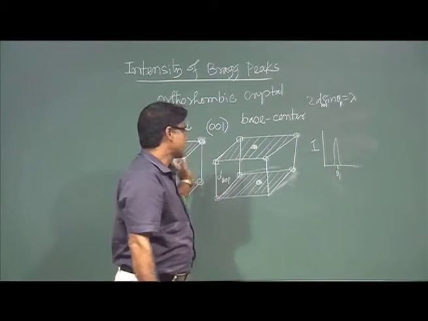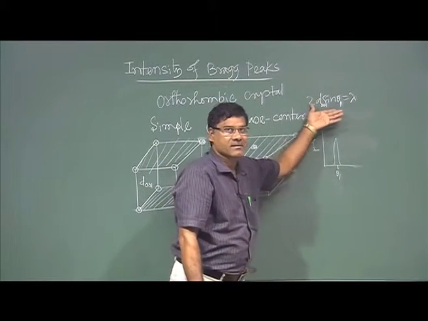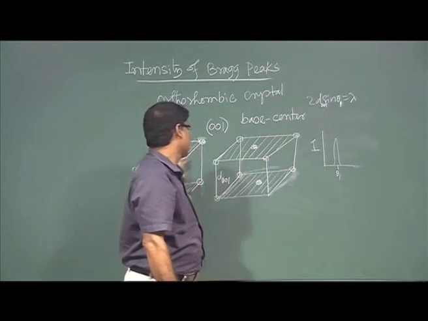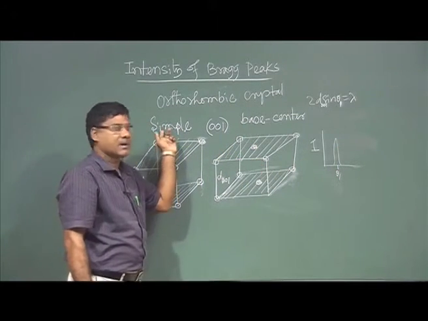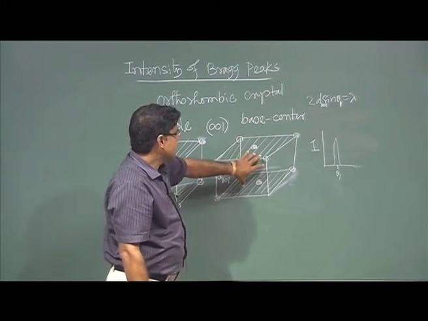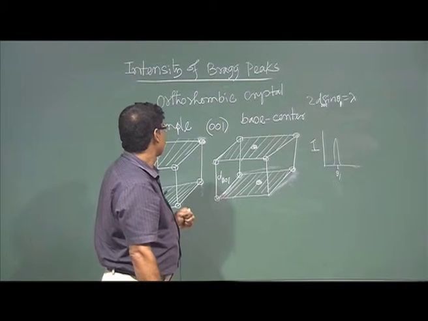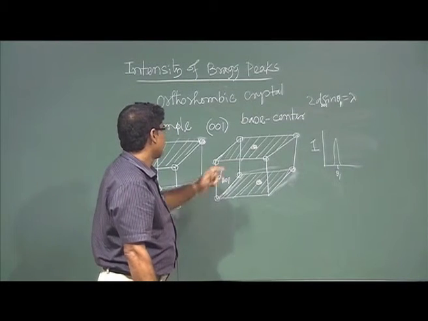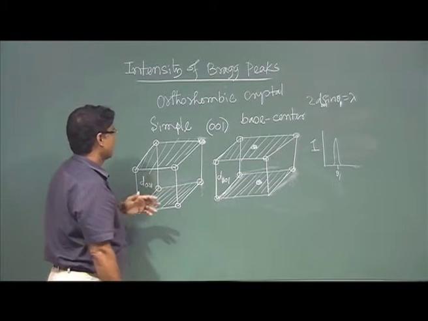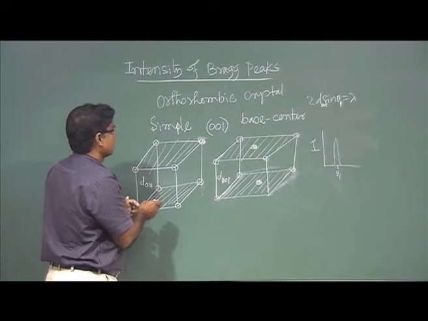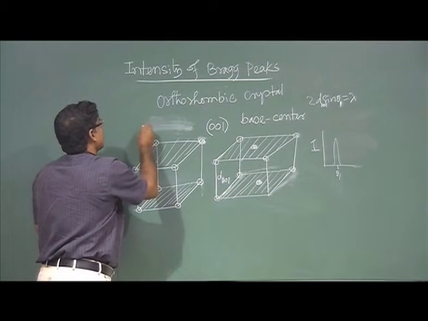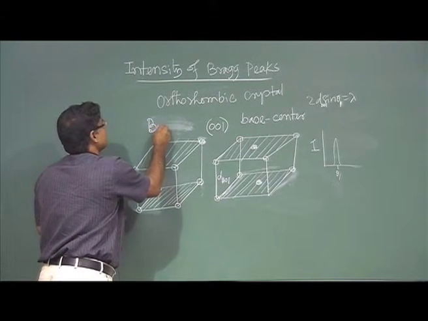Now, in both cases we are supposed to get this Bragg peak at the same angle, for simple as well as base centered. But for this case, no, I am making a mistake. Actually, I do not want to take the simple one, I want to take body centered.